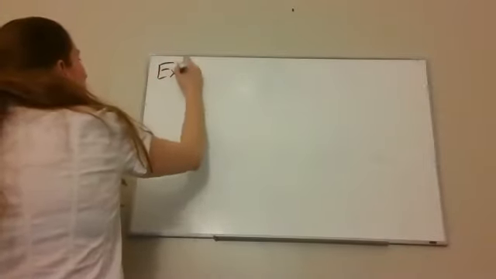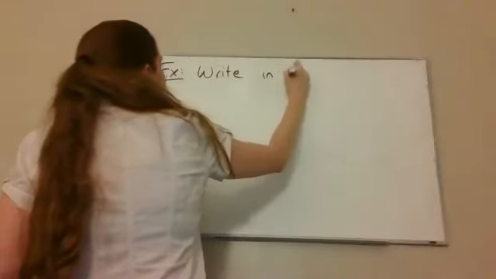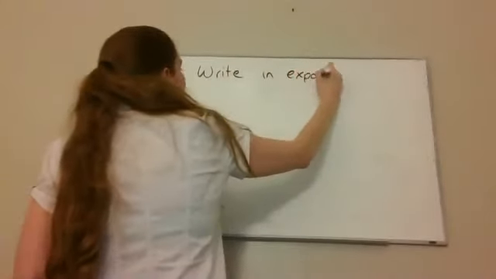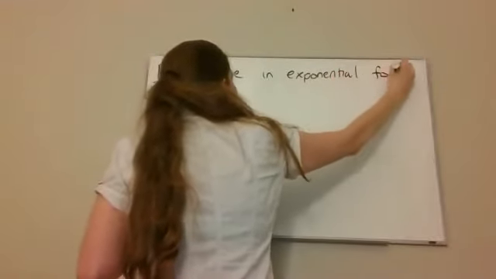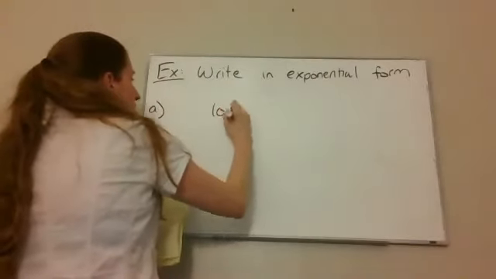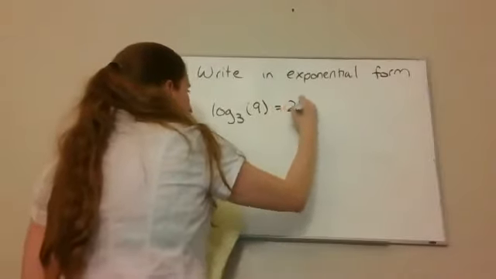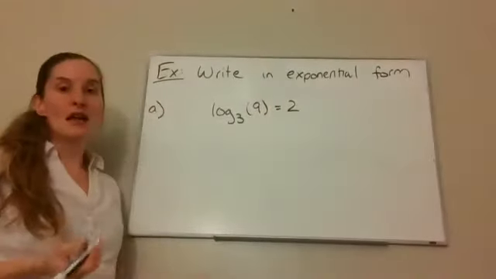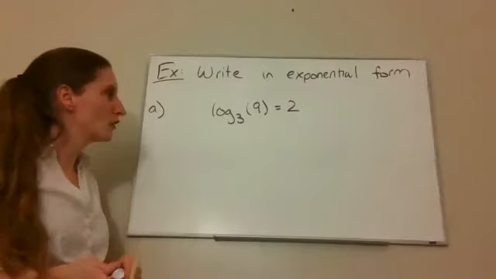So first, write in exponential form. My first one is going to be log base 3 of 9 equals 2. And I want to write this as an exponential rather than a logarithm.